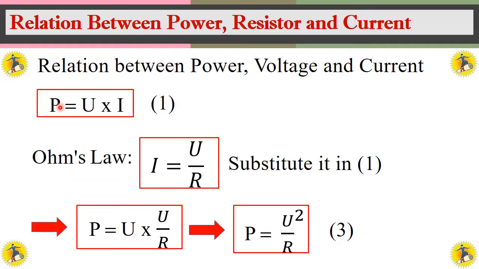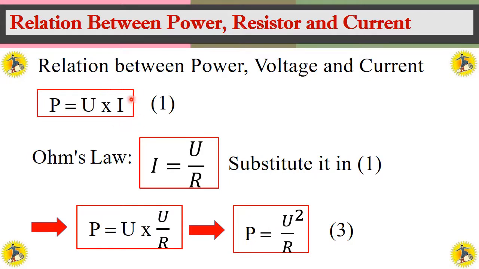Another relation, also P equals U times I, and from Ohm's law we have I equals U over R. We will substitute it in equation 1.